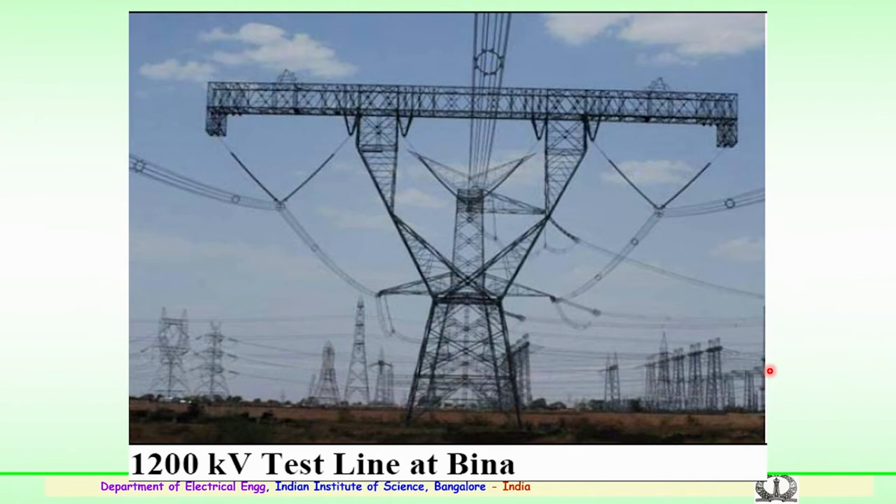Presently, we have an experimental facility at Bina in Madhya Pradesh where a 1200 kV test line is being energized, and this facility, in conjunction with the power utilities, manufacturers and R&D institutions, is being operated for a period of 4 years, and experimentation for all the equipment, the insulator strings, the conductors, the towers is being done. So, this is very important for ultra high voltage transmission. Very soon we will be able to see 1200 kV AC transmission in the country.